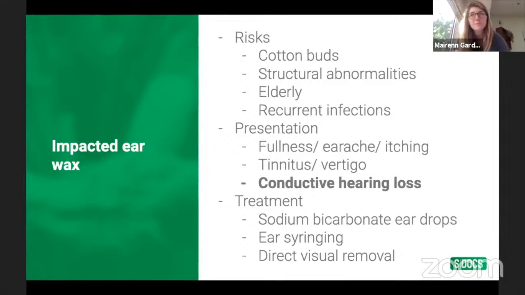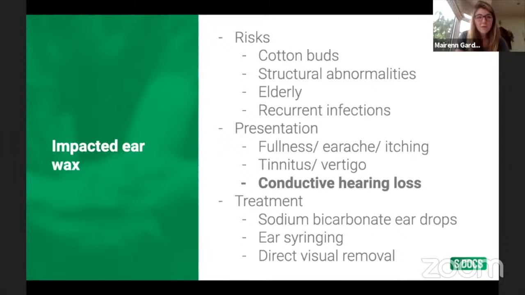Earwax should be found in the lateral third of the ear canal, and if it's found more medially to this, it suggests that cotton buds are being used and it's impacting the earwax. Other causes can be structural abnormalities, so craniofacial disorders such as Down syndrome. The elderly and people with recurrent infections are also more likely to get impacted earwax.